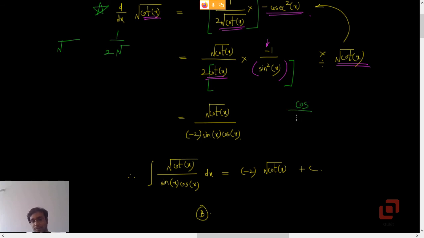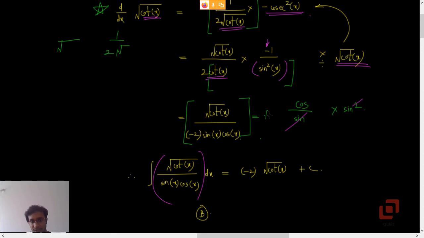Cot is cos upon sin, and here you have sin squared, so you can cancel one sin, that will be simply sin into cos. Now all these adjustments are being done because we want the integrand as the derivative of the function, or some form of the integrand. Now we observe that derivative of root of cot x is this function.